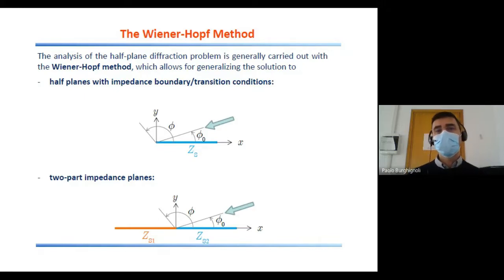For example, the half plane with an impedance boundary condition, or a transition two-part impedance plane, an entire plane divided into two half planes where different conditions hold, which can be addressed with the Wiener-Hopf method.